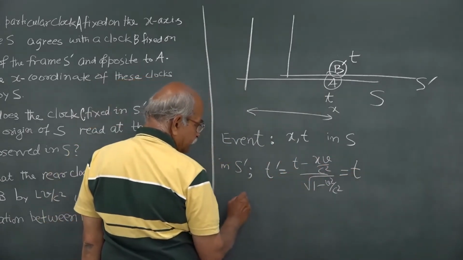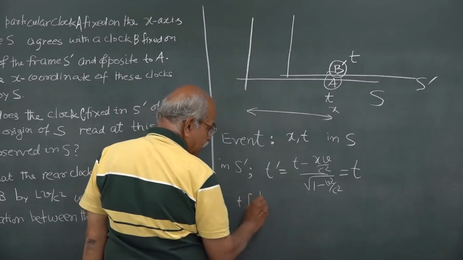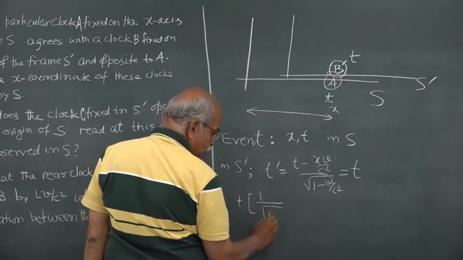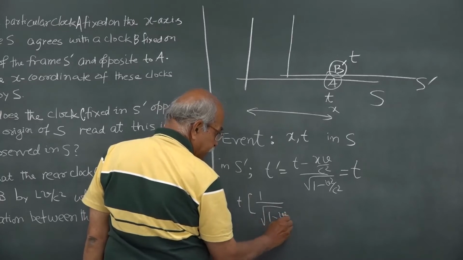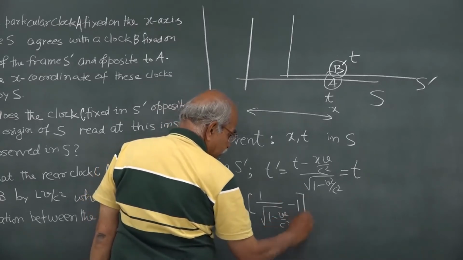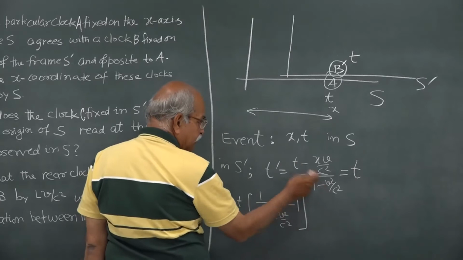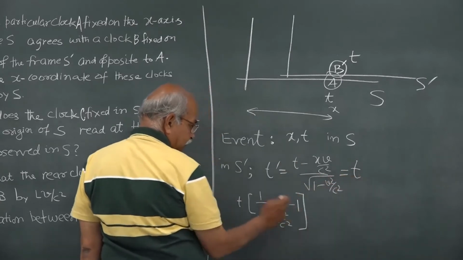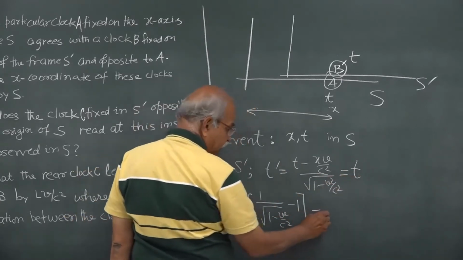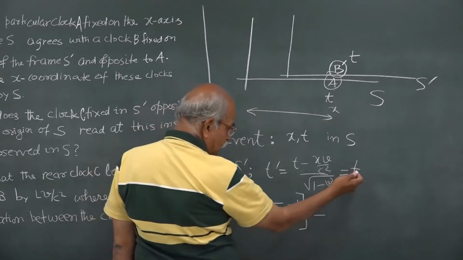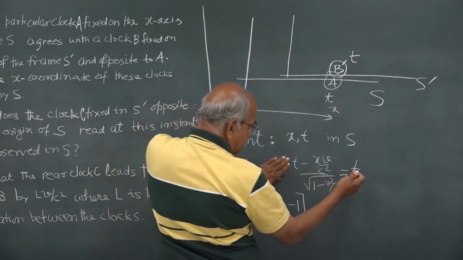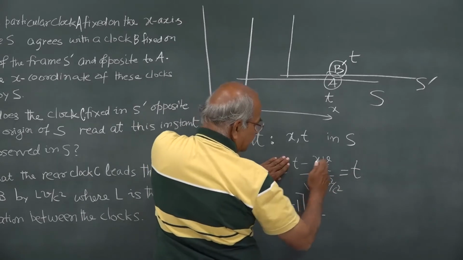It is t and 1 divided by square root 1 minus v square by c square and minus 1. So what I have done, I have written this term and I have written this term. So minus 1, and this should be equal to, so I have taken this thing here and I am taking this thing on that side.